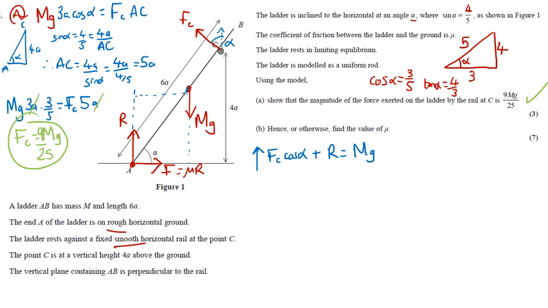So Fc, I know what that is. It's 9/25 mg. Cos alpha was 3/5. Plus R equals mg.